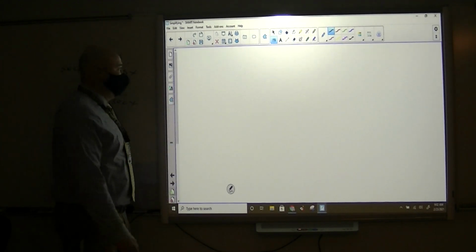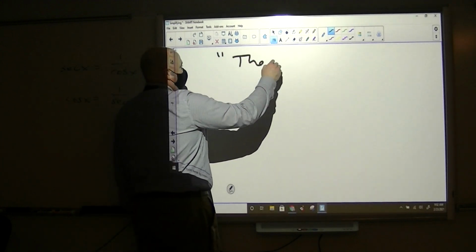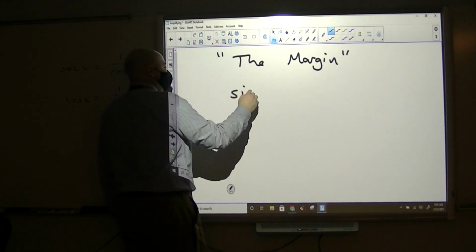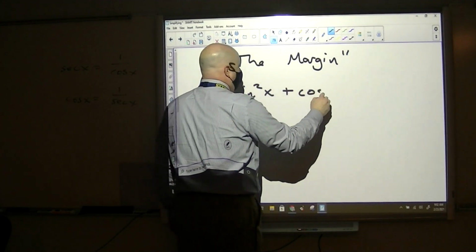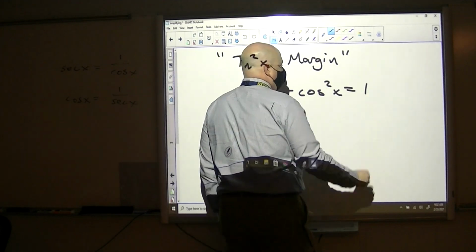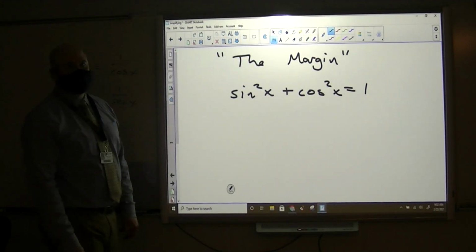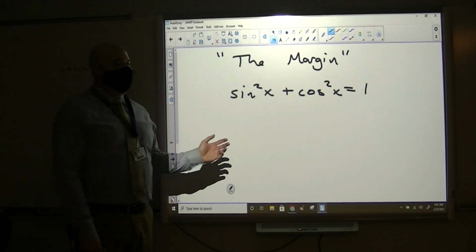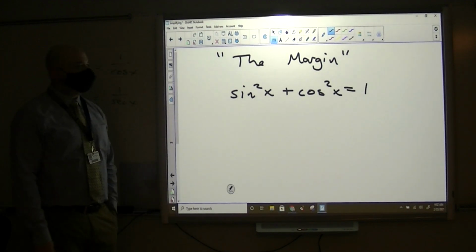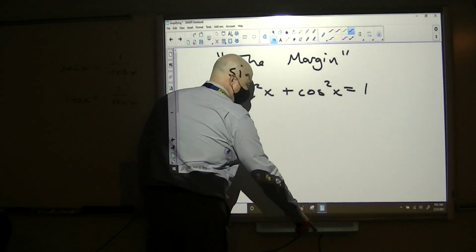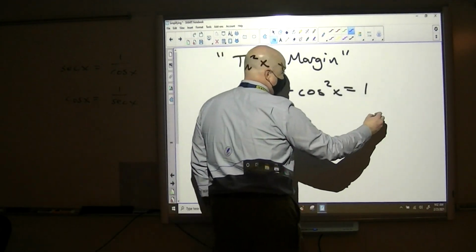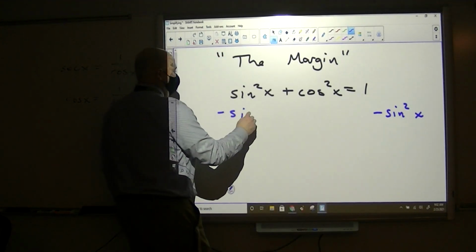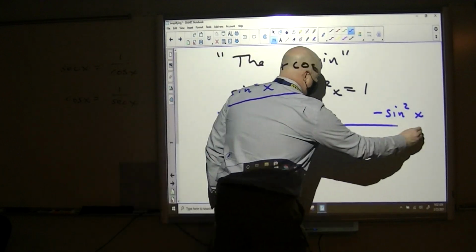So you go off into the margin and we figure out how we're going to get a statement that says 1 minus sine squared x. What do I do to this to have it say 1 minus sine squared x? Well, if I wanted to say 1 minus sine squared x, I would just subtract it from that side.